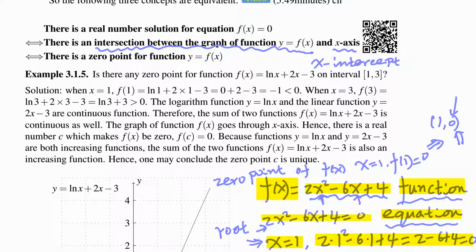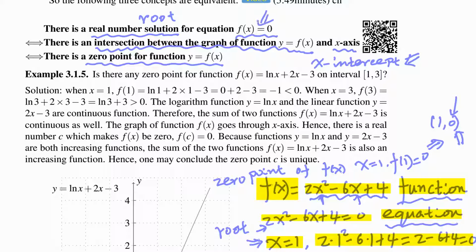So for this x equals 1, it has 3 different names. One is x-intercept, another is 0 point for the function, and the third name is the root, the real number solution, or the root of the equation.